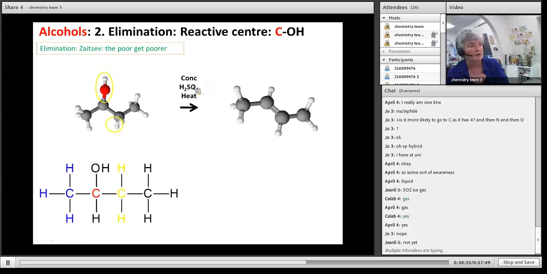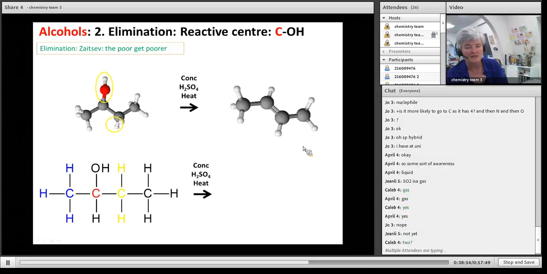So with conc. sulfuric acid and heat, you form the alkene. Now remember also, don't forget your isomers, because can this only form as one product, or could I actually form 2 products over here? 2, because remember you can get cis-trans isomerism, geometric isomerism.